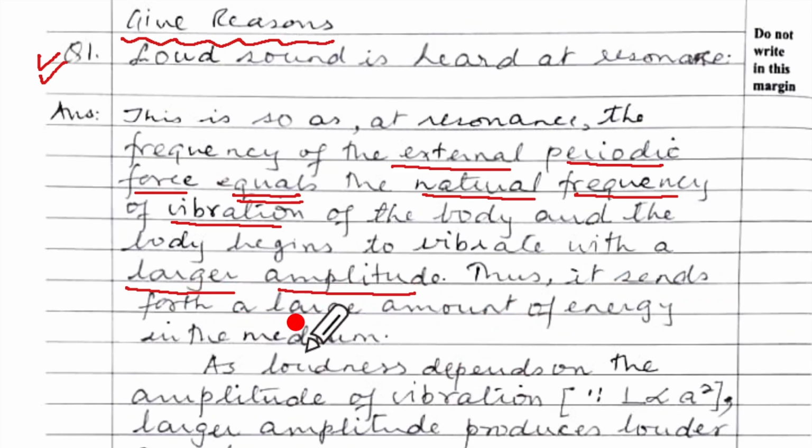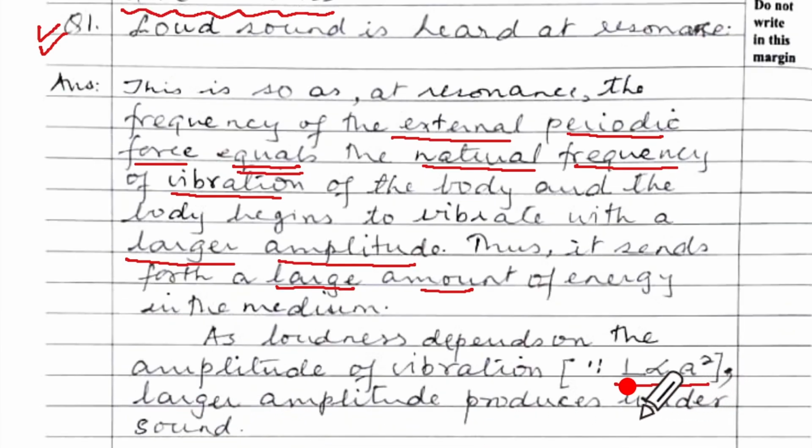This sends forth a large amount of energy to the medium, and as loudness depends upon the amplitude of vibration, L proportional to A square, which you already learned in the theory, that is how larger amplitude produces louder sound. These are the keywords.